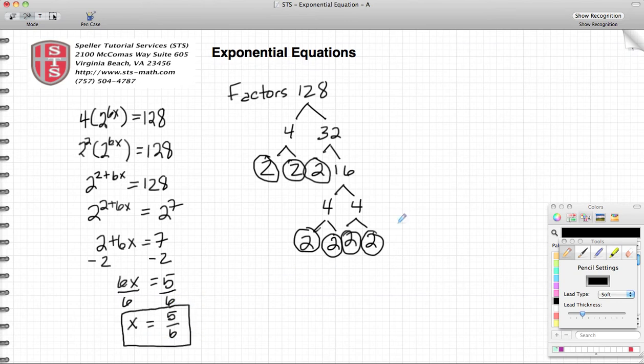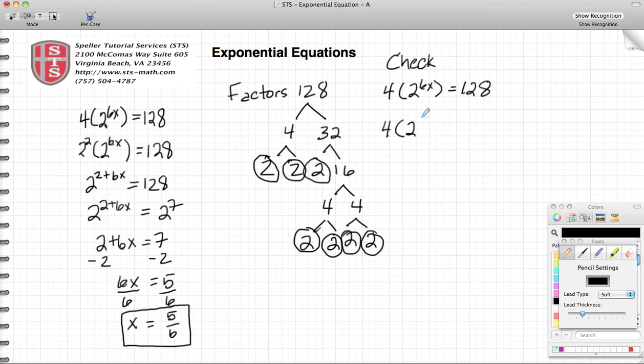All right, I'm confident that it's right, but we should always do a check just to verify our work. So we're going to start with the original equation. 4 times 2 raised to the power of 6x is equal to 128. Now we're going to substitute the value of x, 5/6, into this x that we see here.